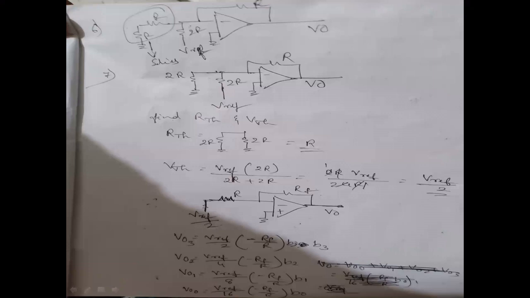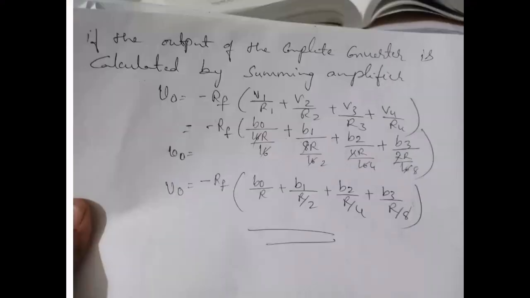Now consider all your inputs with the help of a summing amplifier. You know the summing amplifier already. The output of a summing amplifier is nothing but minus of the sum of all your inputs.